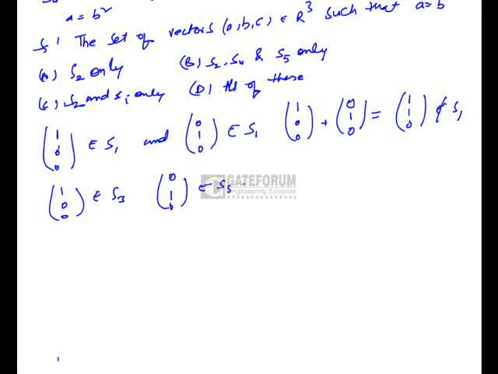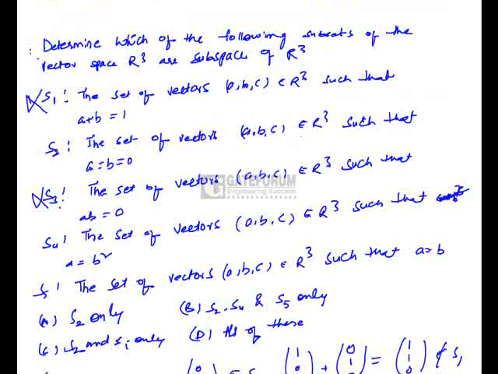Now let us find the addition of these two. So the addition of these two will give 1 1 0, and it doesn't belong to S3. Why? Because it is given that AB should be 0, but here AB is 1. So we can eliminate even S3.